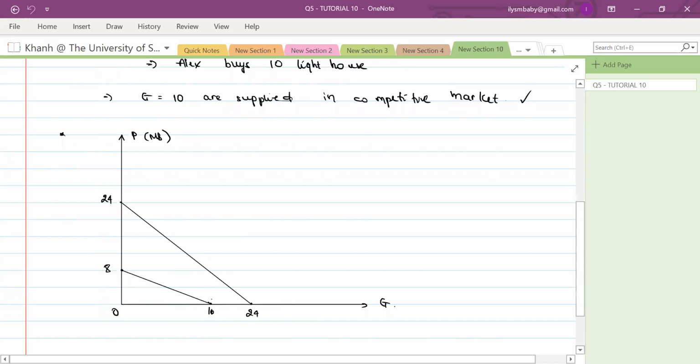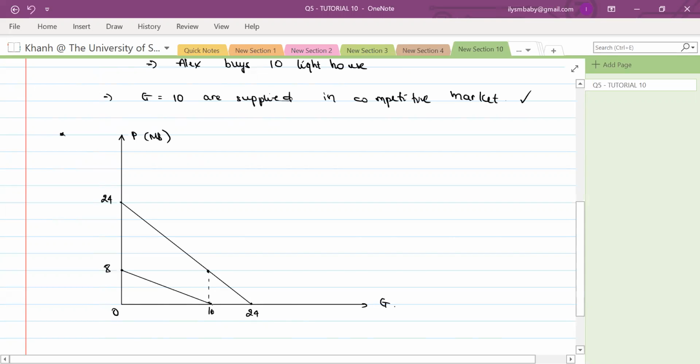At quantity 16, the marginal benefit for Alex is going to be equal to 8 if you substitute this into his marginal benefit function. Therefore the total marginal benefit in the society is going to be 8, which is at this point over here.